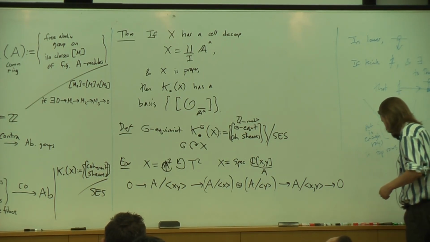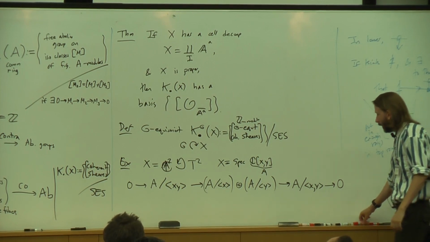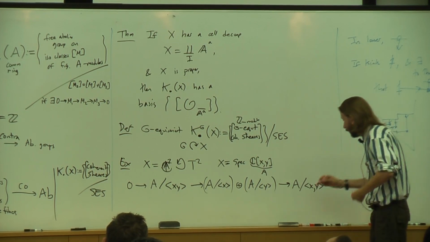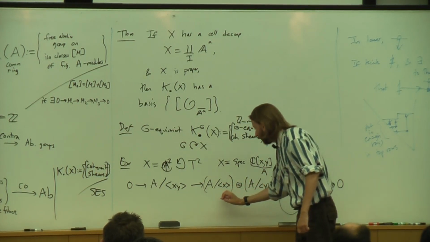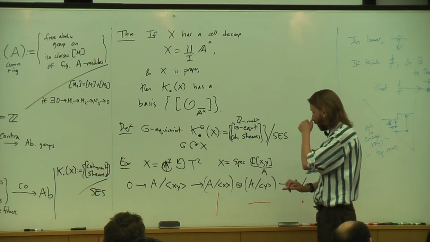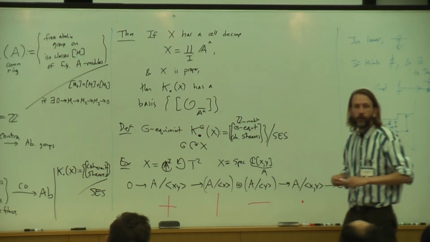So the corresponding statement on the scheme level is this is the structure sheaf of the origin. This is the structure sheaf of the y-axis where x equals 0. Here is the x-axis where y equals 0. And this is the structure sheaf of the axes.